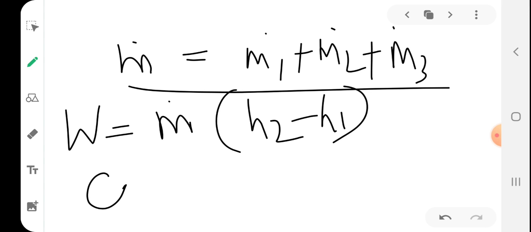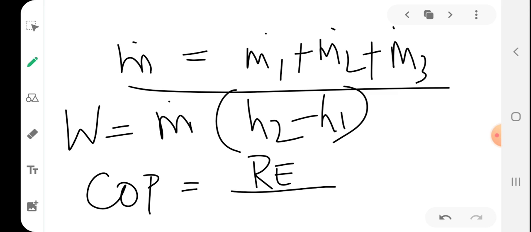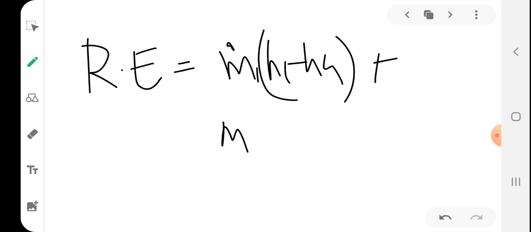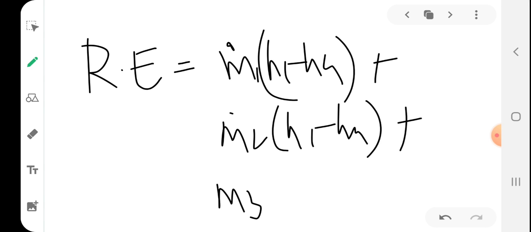Now COP will be the refrigerating effect by work. So what will be the refrigerating effect? Refrigerating effect will be nothing but M1 dot into H1 minus H4 plus M2 dot into H1 minus H4 plus M3 dot into H1 minus H4.